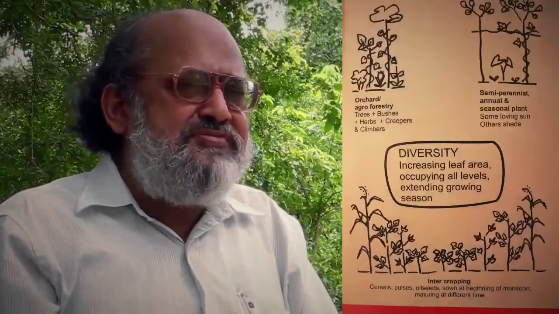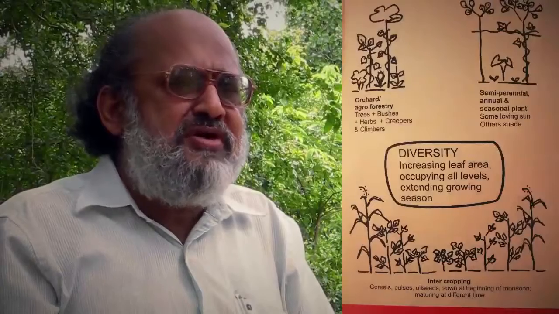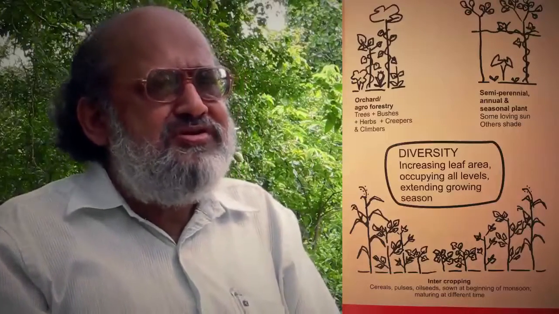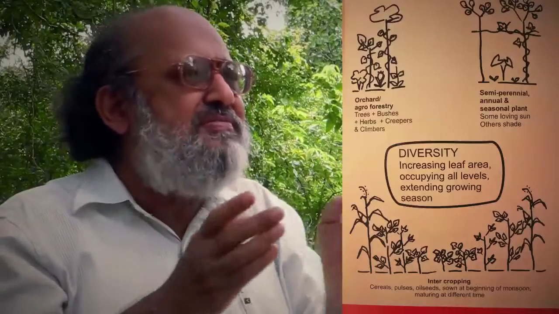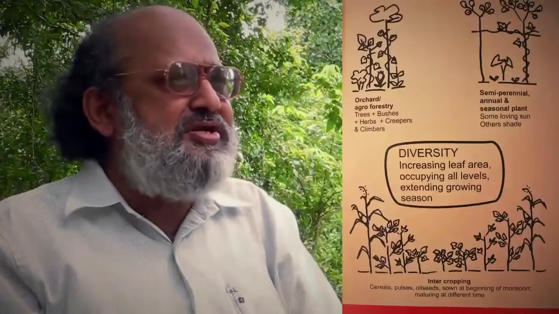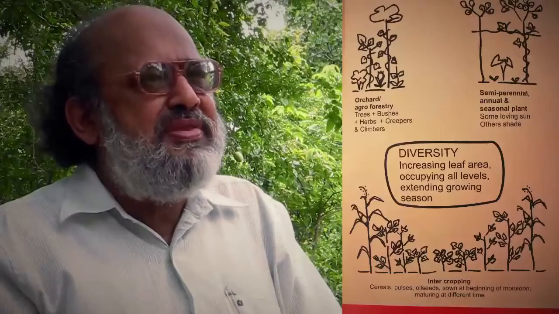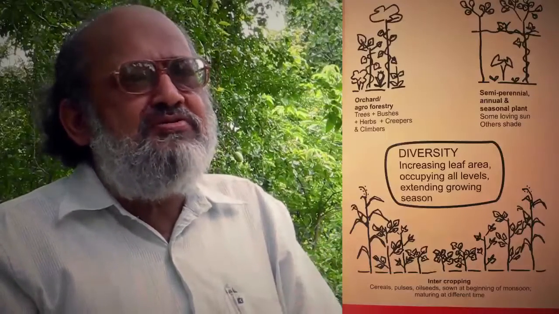So we have plants like pigeon pea which matures in 6-7 months. We have grains which mature in 3-4 months. We have cowpea which matures in 2-3 months. So at the same time we plant only one time, but we harvest 4 or 5 times. This is the principle which is followed in rain-fed agriculture.